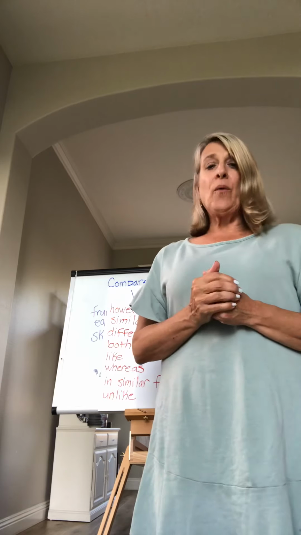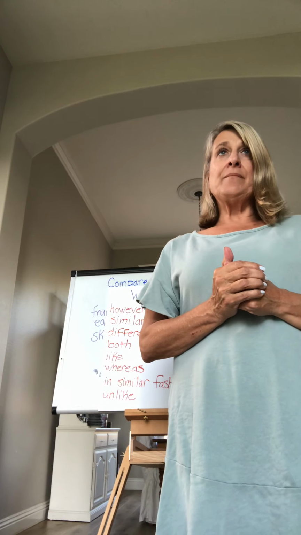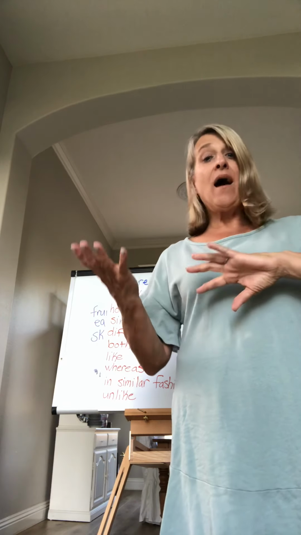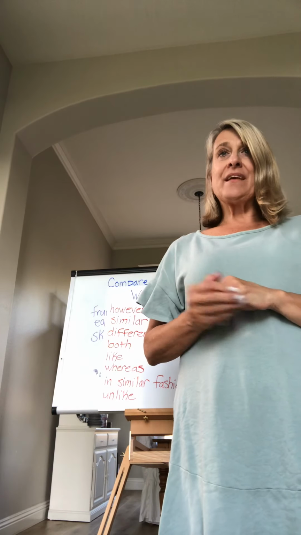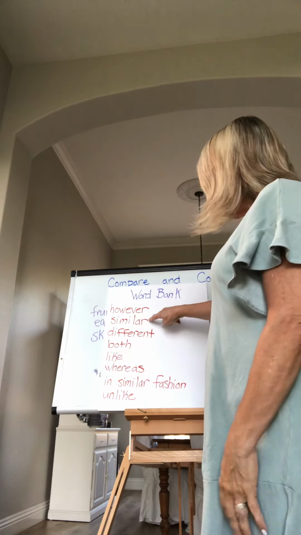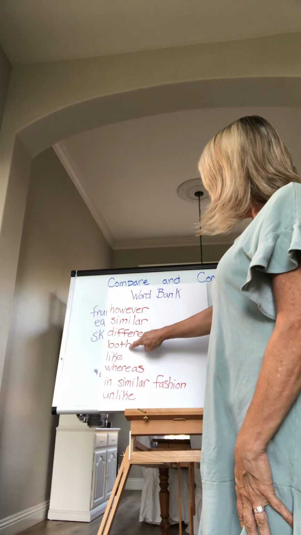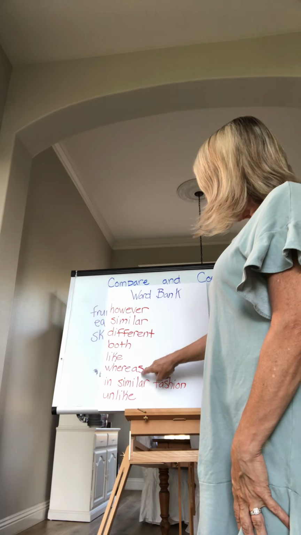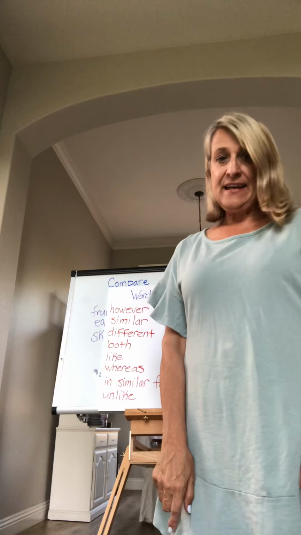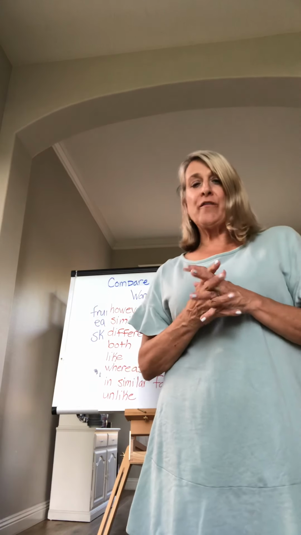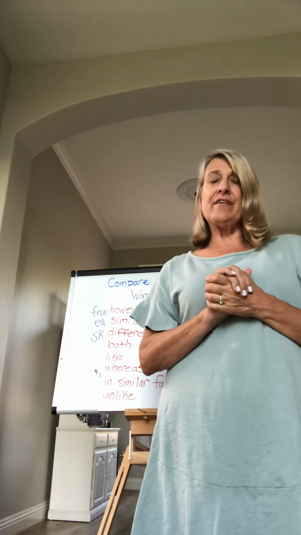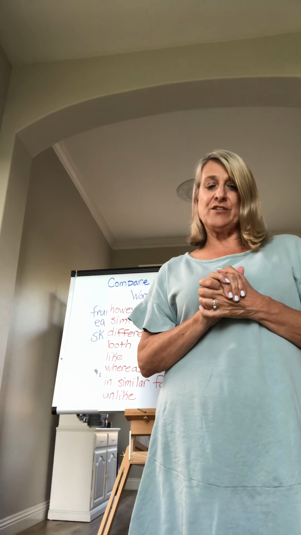However, that's a way that you can contrast 2 things, like they're the same in this, however, they're different in this. It's a good transition word. Similar, different, both, like, whereas, in similar fashion, and unlike. That will be a nice bank of words that can help you with getting started to write.